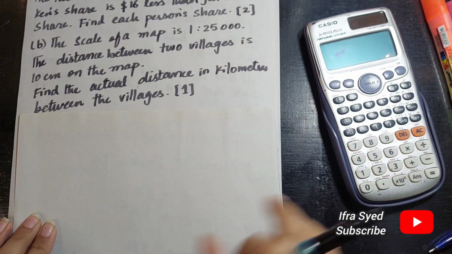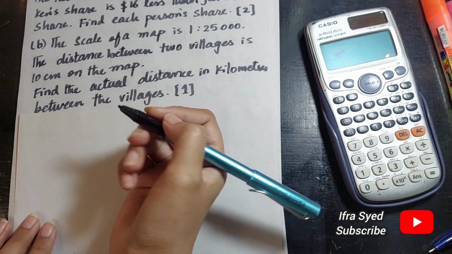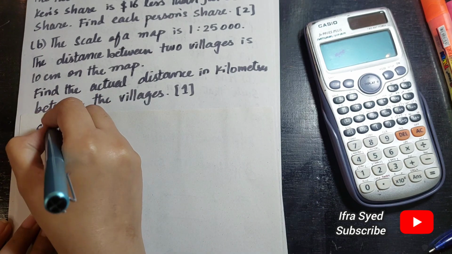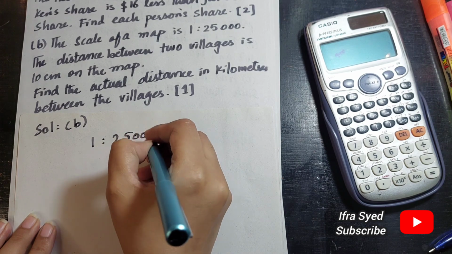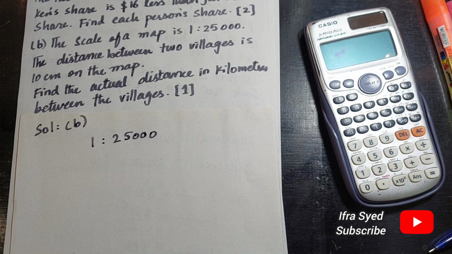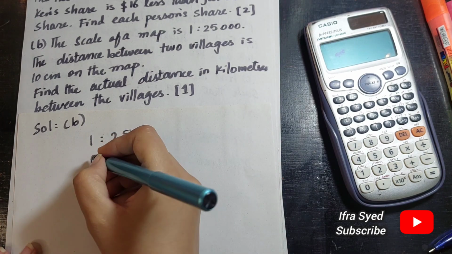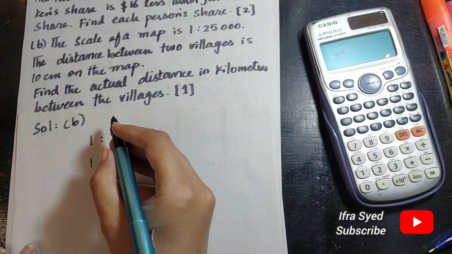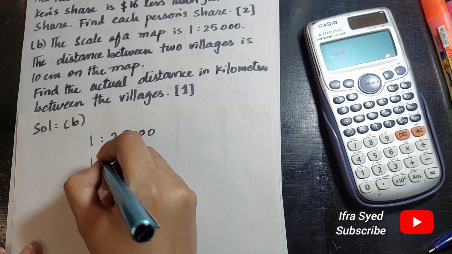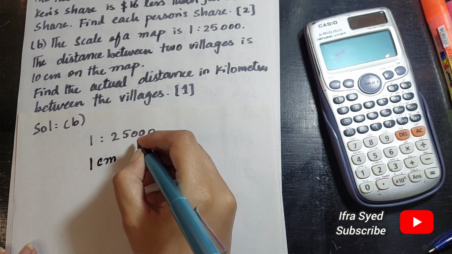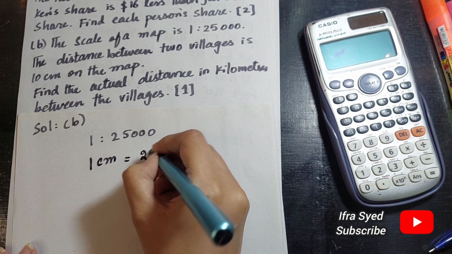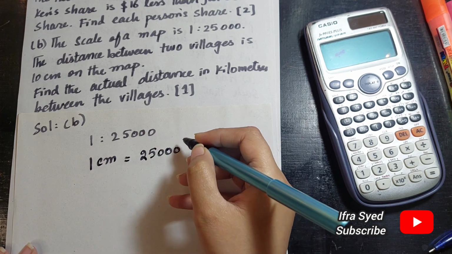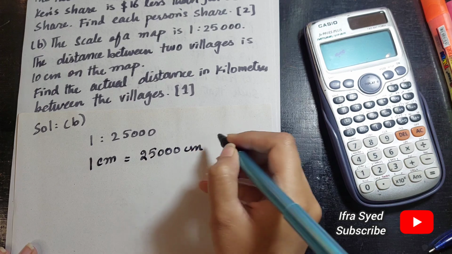On the map we have 1 ratio 25,000. So I'm writing here: solution B part, 1 ratio 25,000, and as it is given that the measurement on the map is in centimeters, this means that 1 centimeter is equal to 25,000 centimeters.